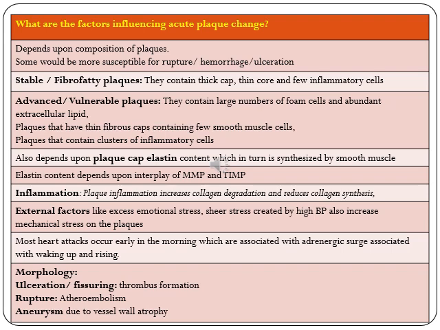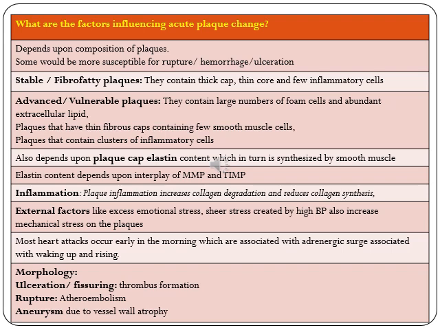So all these factors, the thickness of the cap of the atheromatous plaque, the lipid content, the inflammatory cells, matrix metalloproteinases, tissue inhibitors of matrix metalloproteinases, and elastin content, are internal to the atheromatous plaque. But there are also external factors which influence the stability of plaque or acute plaque changes.